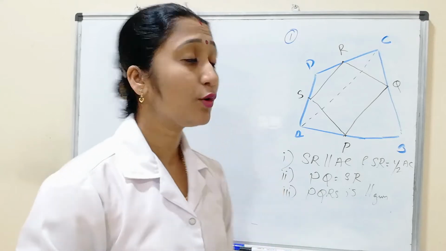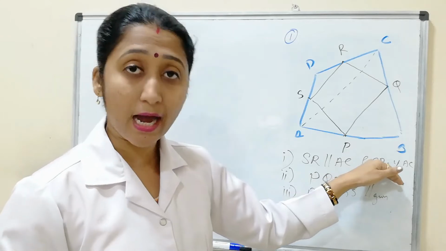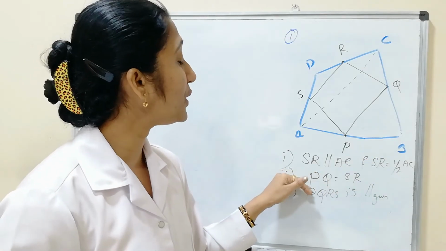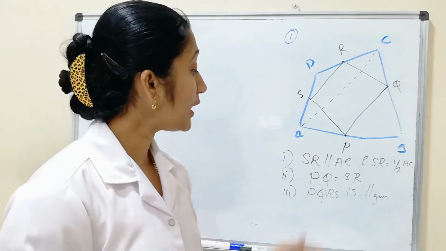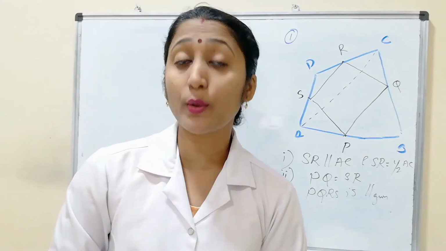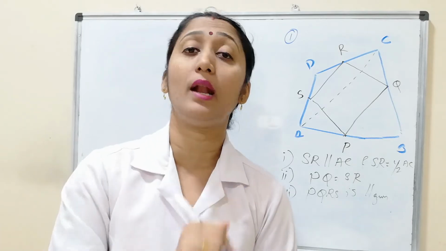We want to prove SR is parallel to AC, SR equals half of AC, PQ equals SR, and PQRS is a parallelogram.